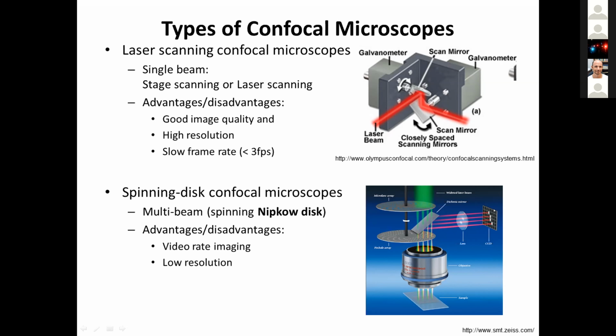This is very, very fast because we can read many of these pinholes during the time that we are acquiring one frame. One of the advantages is the video rate that we have. The bad thing is the low resolution during the acquisition, because we cannot choose the size of the pinhole, since the pinhole is fixed in size.